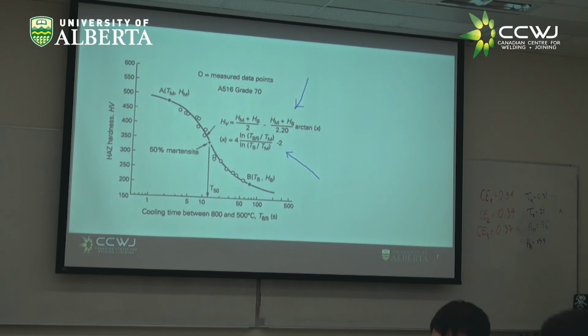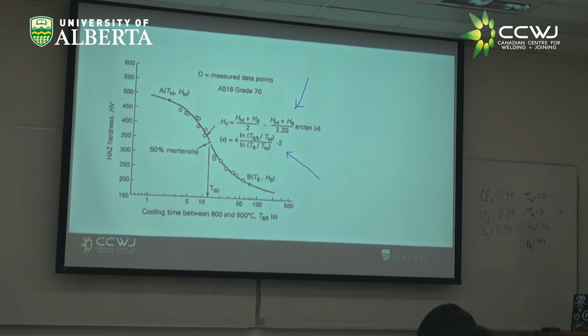So I wouldn't call it an average, but it's a good starting point, a good approximation of what you're expecting in your hardness, right? But if you assume that along the fusion line you have the same peak temperature, an even distribution of alloying elements, conditions that are almost all the same, and the same cooling rate, then you should expect the same things, right? Because you're seeing the same movie, the same exact process.